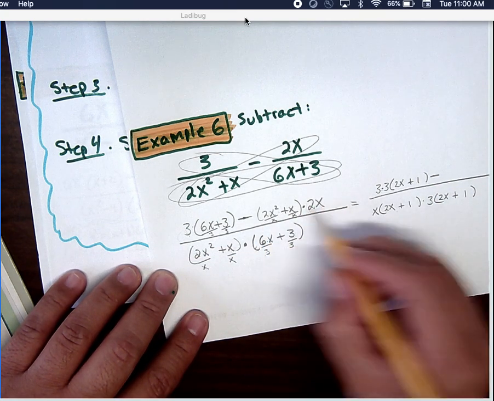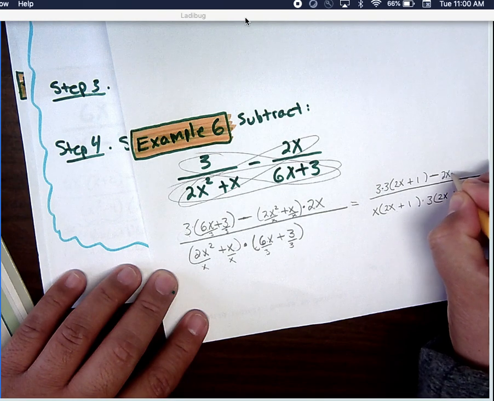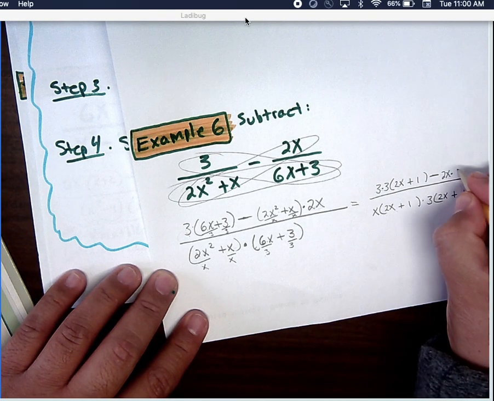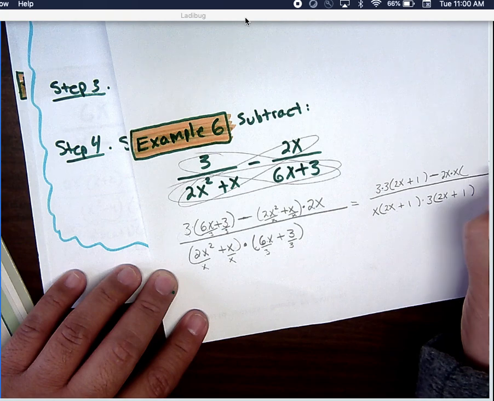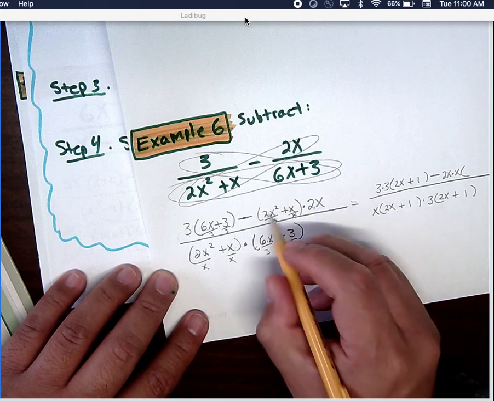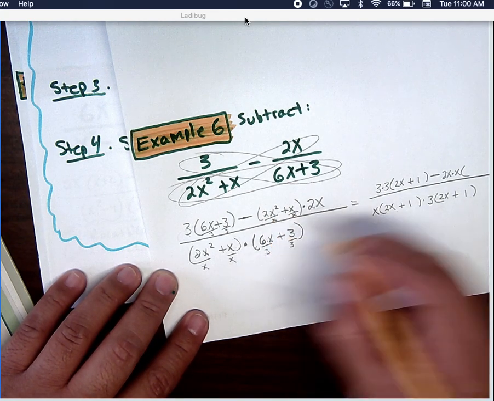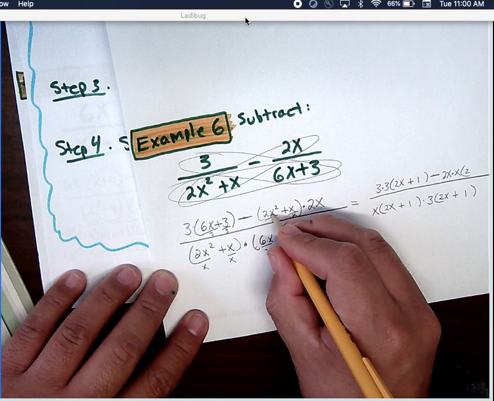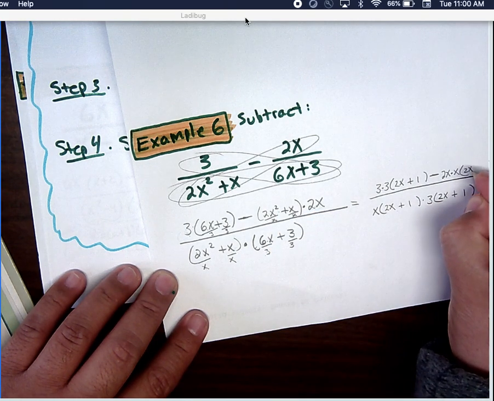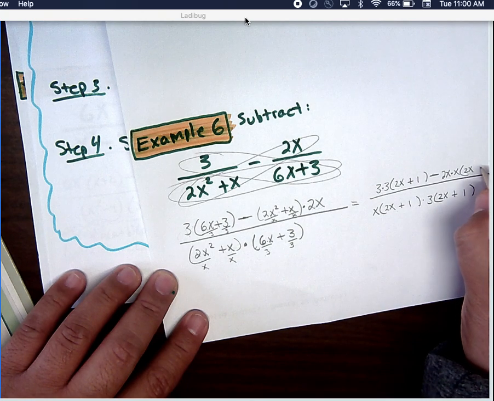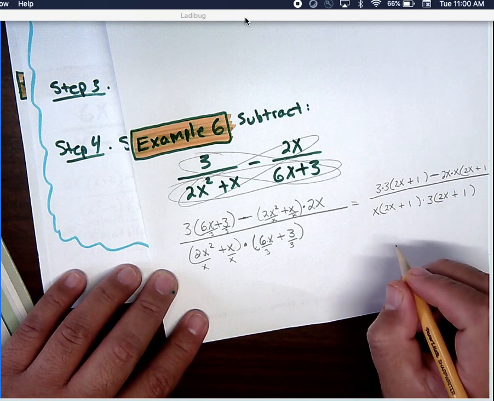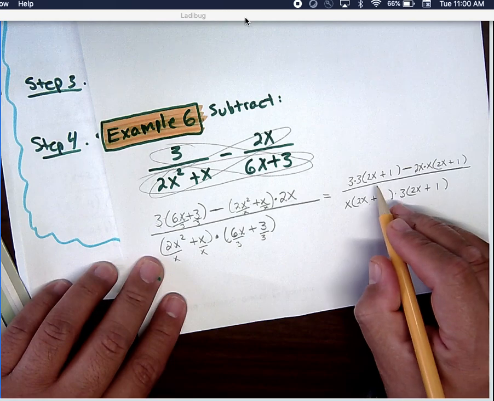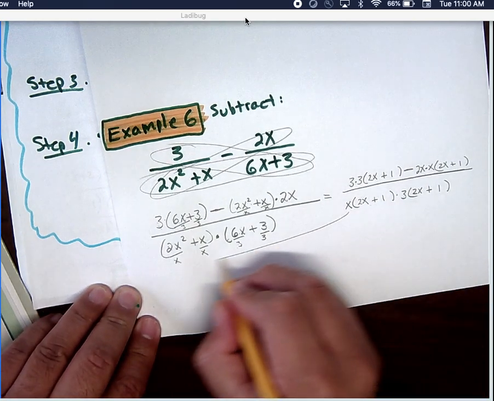Now the 2x, I'm going to put it in front. 2x times the GCF, which is x, and then I'm going to simplify the parentheses. So 2 stays, there's nothing here, and then x squared over x is just x, and then x over x is just plus 1. So let's simplify again.